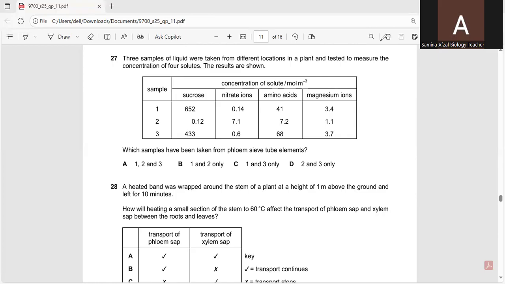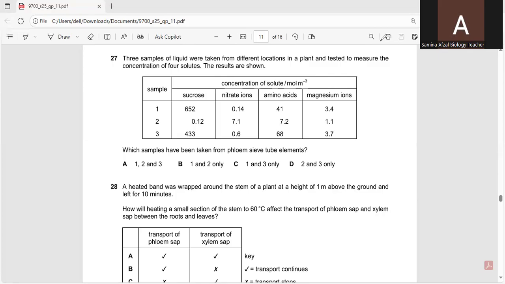Sieve tube elements are the specialized cells which make up the phloem tissues in plants, and their primary function is to transport sucrose and amino acids from the leaves to the other parts of the plants, such as the roots, fruits, or storage organs.